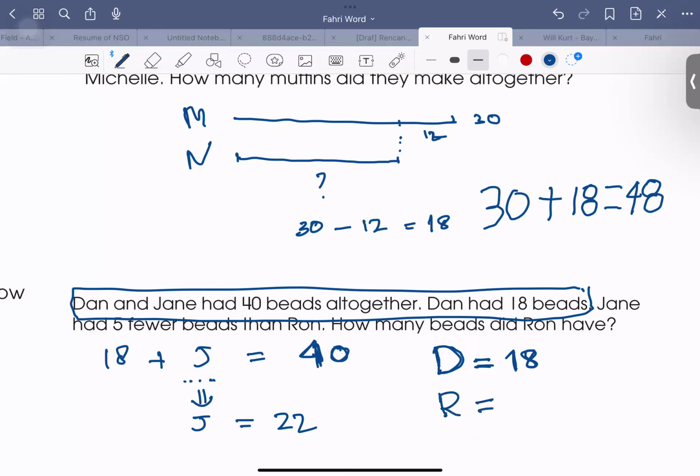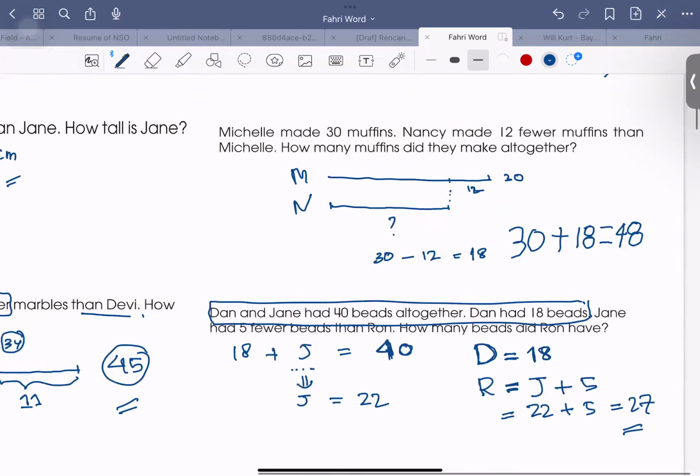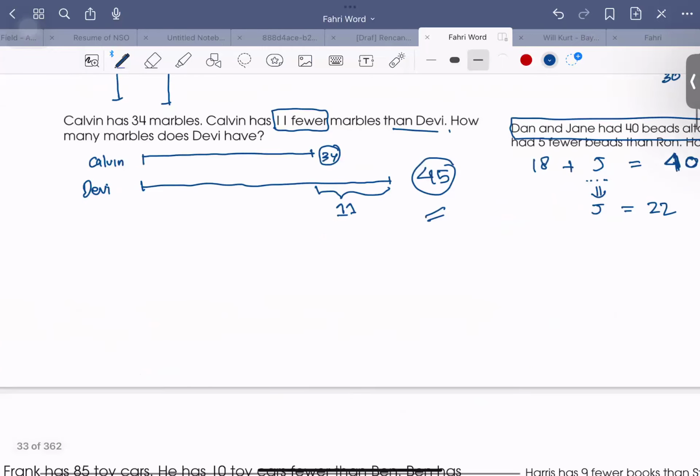Ron will be equal to Jane plus 5. 22 plus 5 equals 27. So go to the next question.